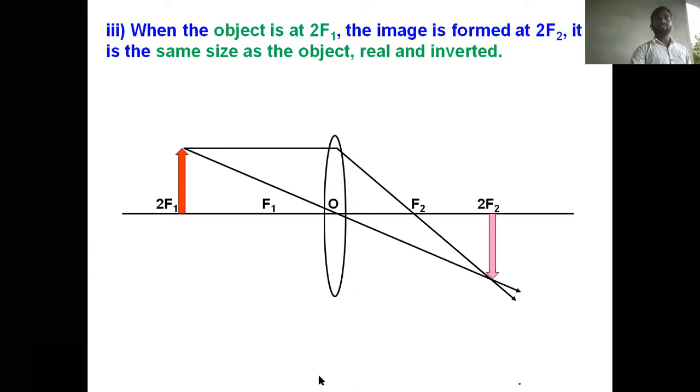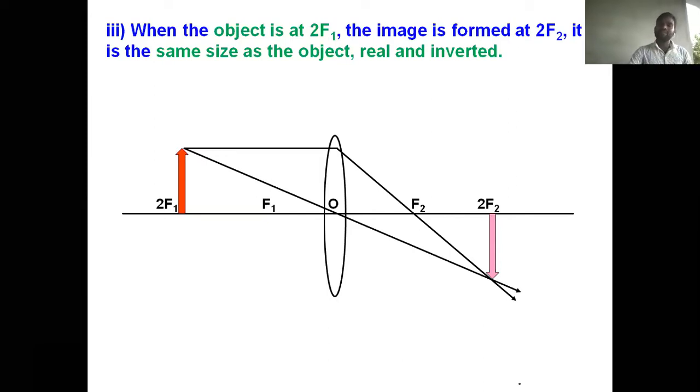So let us consider two rays: one parallel and one through the optic center. The ray through the optic center doesn't undergo any deviation, and the parallel ray after refraction passes through the focus. These two are meeting at one point, and that point gives the formation or position of the image. That image is formed at 2f2. So in this third case, the object is kept at 2f1 and the image is also formed at 2f2.